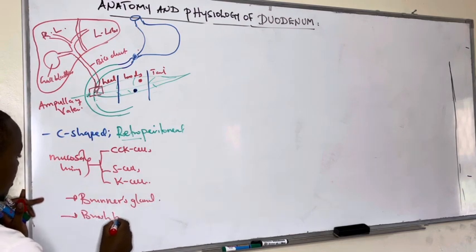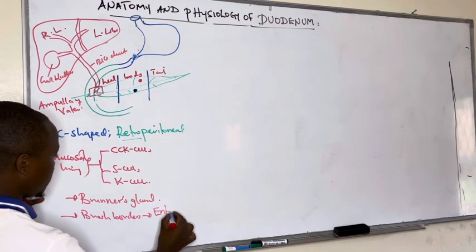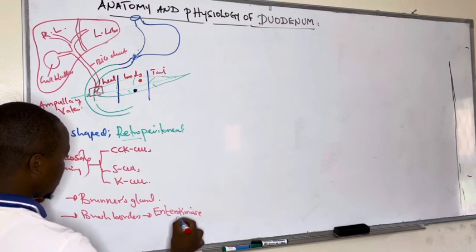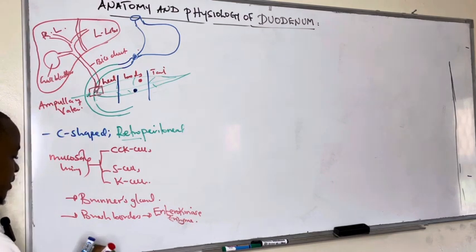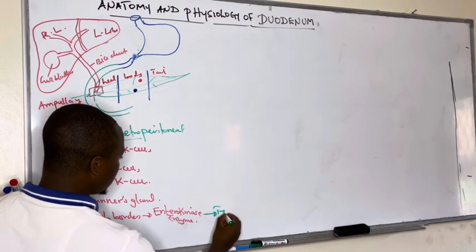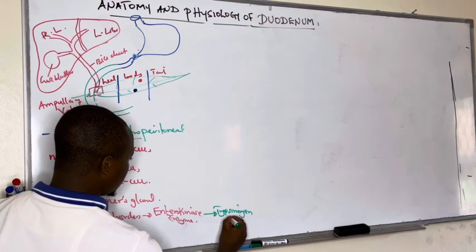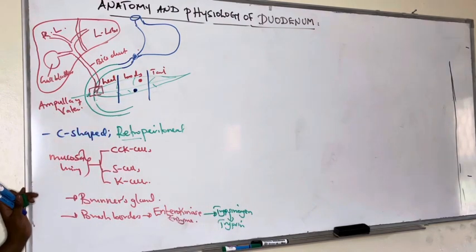In the brush border of the duodenum, we also see production of the enterokinase enzyme, which activates trypsinogen to trypsin. That is the work of enterokinase.